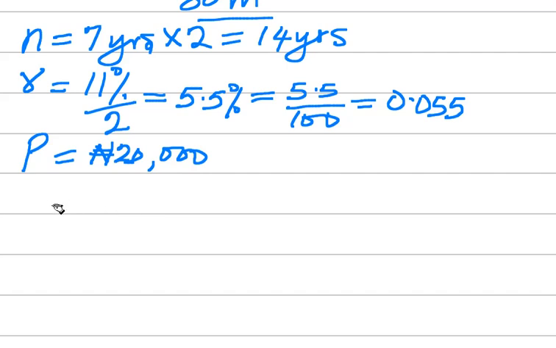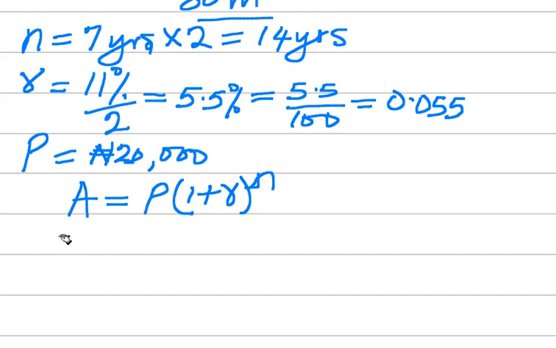We're looking for the amount, or the total worth of investment. The formula is A equal to P bracket 1 plus R raised to the power N.